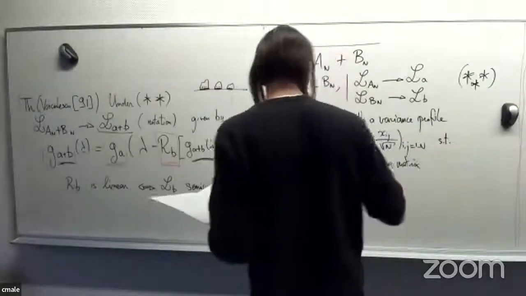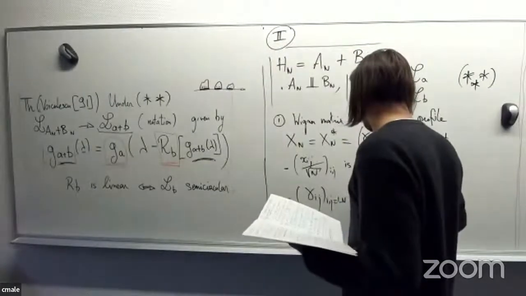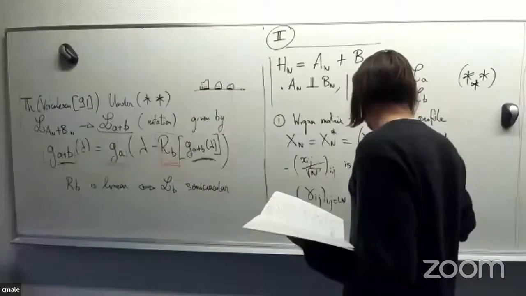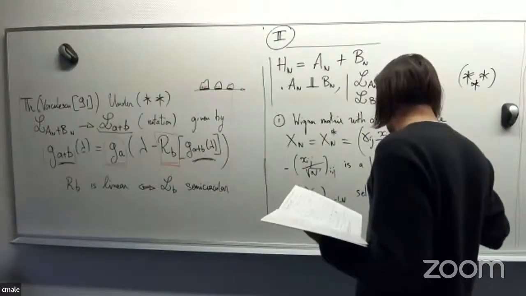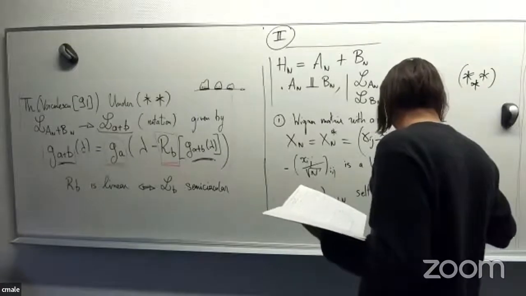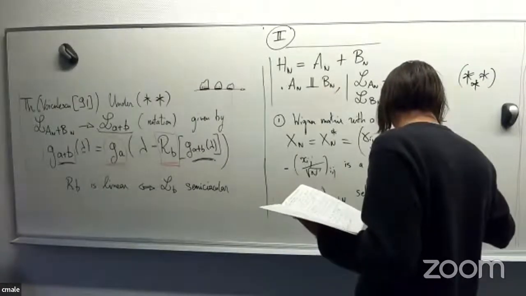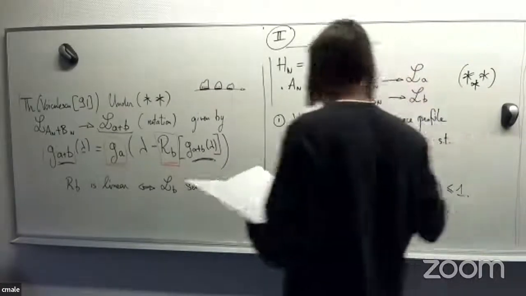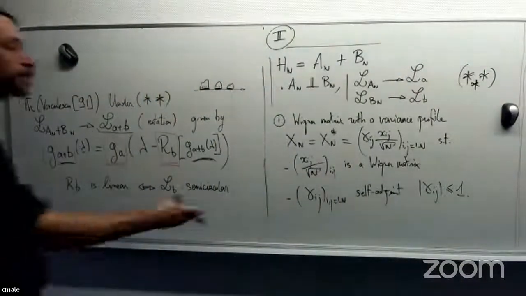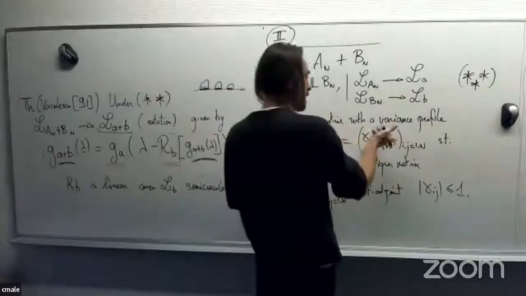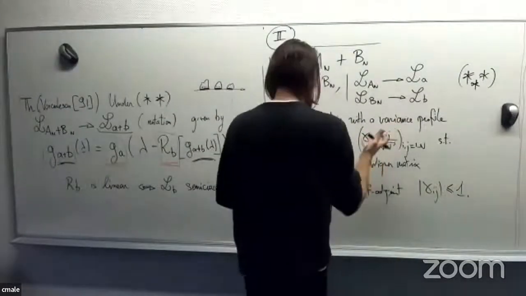We assume that it is self-adjoint, and let's say that each entry is bounded, let's say, by 1. Okay? So these positive numbers act as variances for the entries.